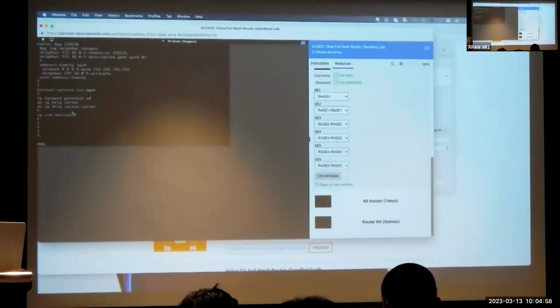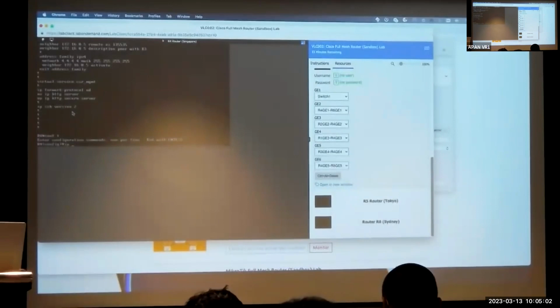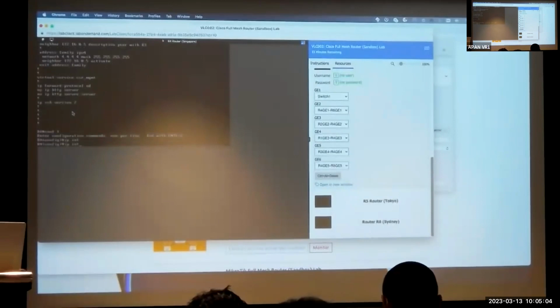Right, so for R4, actually, I need to create another interface so that I can perform a trace route.